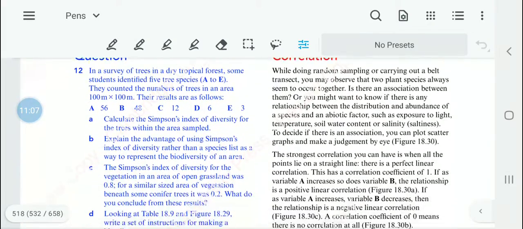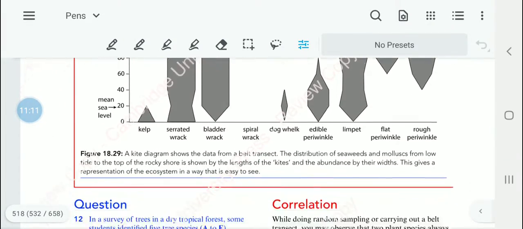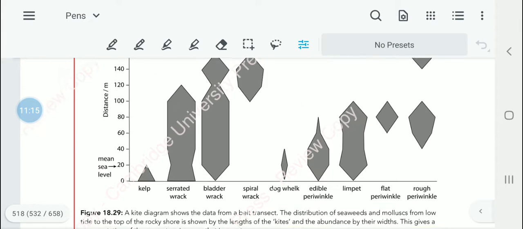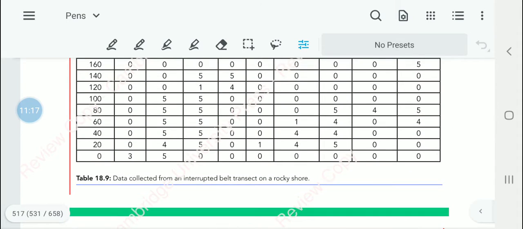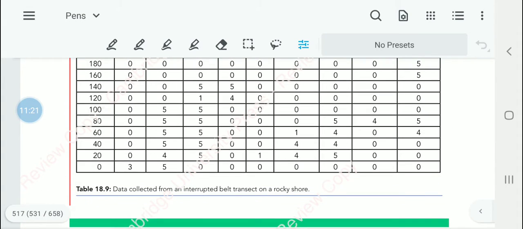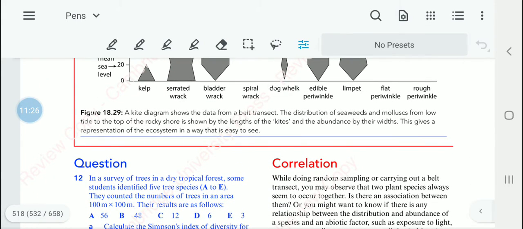So I hope you understand. If you have any doubts, please let me know. As you can see, they are presented according to the distance from the shore and their relative abundances. If you have any doubts, please let me know. I will explain it to you further.